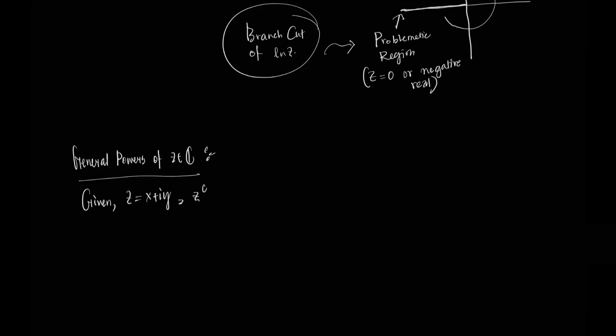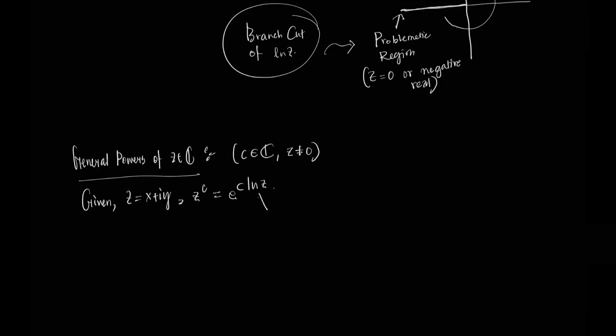Of course, what is c? c is also a complex number, and z of course is not equal to 0. So c is in capital C and z is not 0. Okay, so for a non-zero complex number, we want to define what z power c is, and that is of course defined as we do it in the reals, which is exponential of c log z. Clear? Exactly the similar sort of thing.